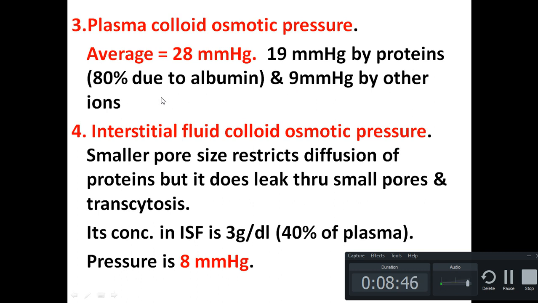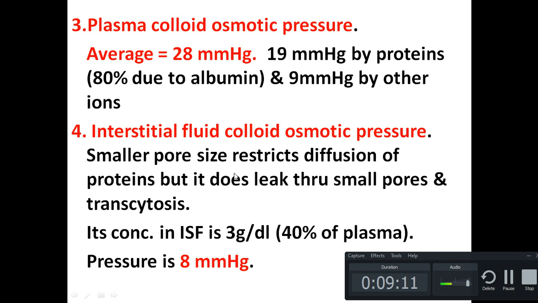The fourth pressure is the interstitial fluid colloid osmotic pressure. That is the pressure caused by the presence of proteins in the interstitial space, and these proteins have somehow been filtered from the capillaries, and they will then exert this pressure and pull the fluid to the interstitial space.